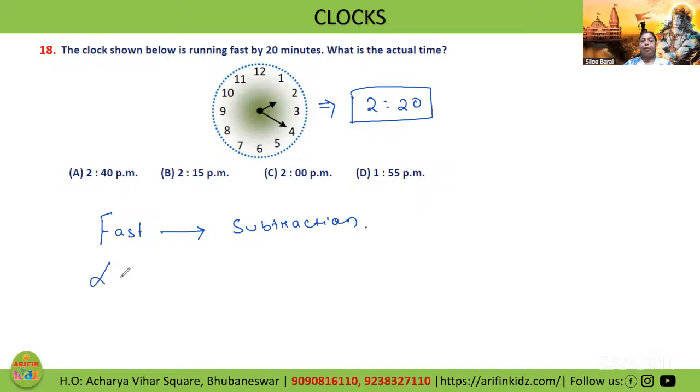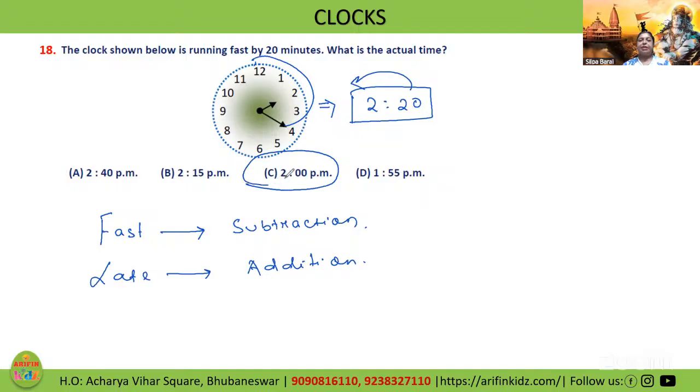Or if the clock is late, you do the addition. Okay, now see, it is 20 minutes fast, so take it back 20 minutes. If you take it back like this, it will be 2 o'clock. Answer is 2 o'clock. Remember this, when it is late, you have to add. If it is fast, you have to subtract.